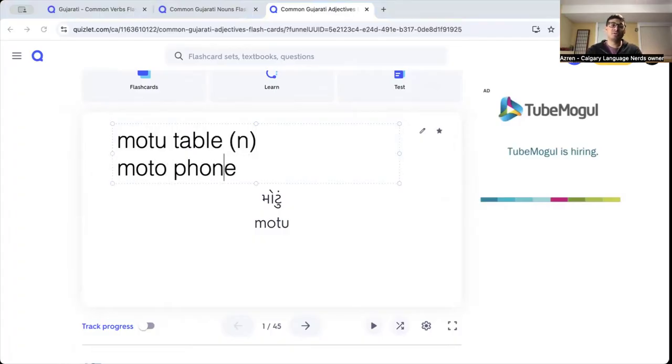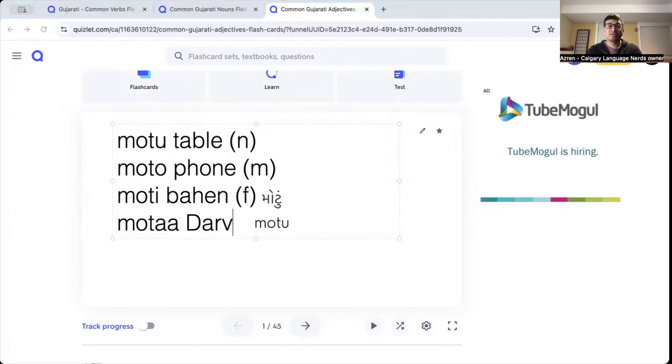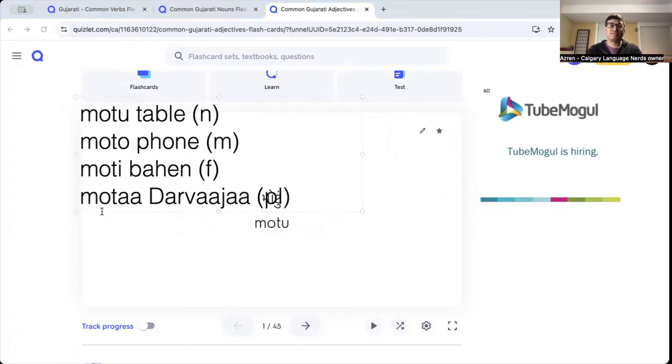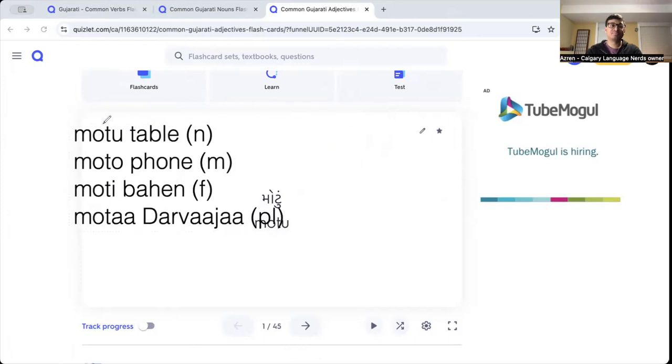Moto phone, because phone is masculine. Moti ben, big sister, because ben is feminine. Mota darwaja, because darwaja is plural. Okay, so we have u for neutral, o for masculine, i for feminine, a for plural.